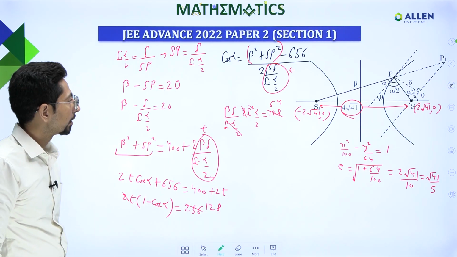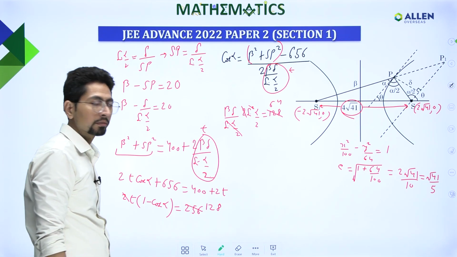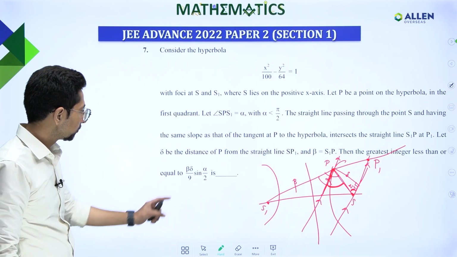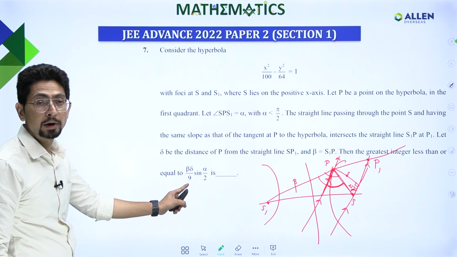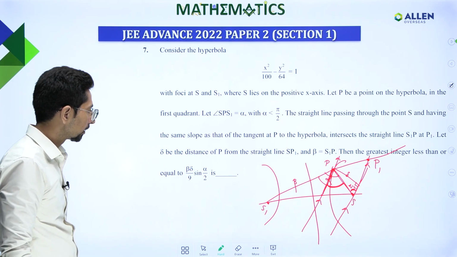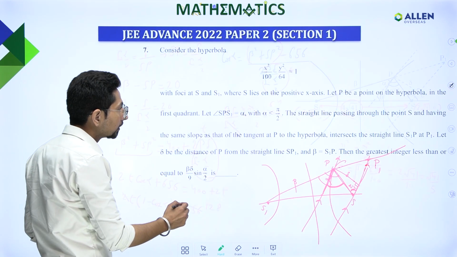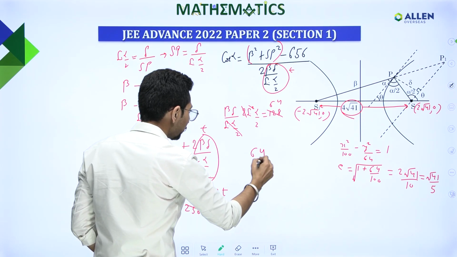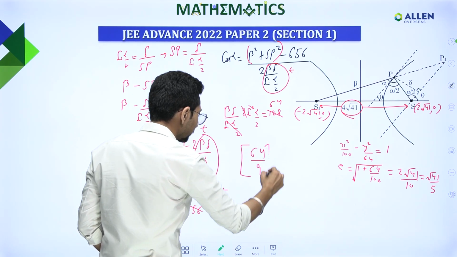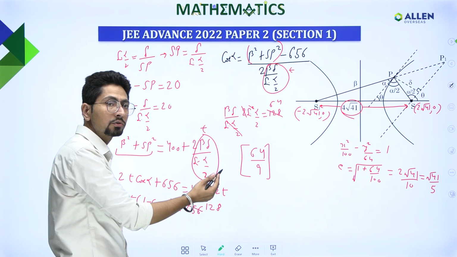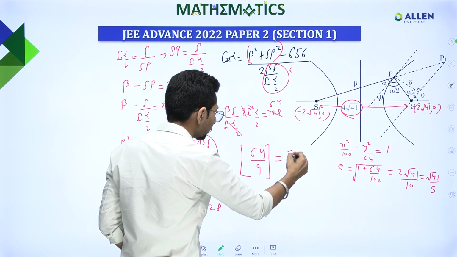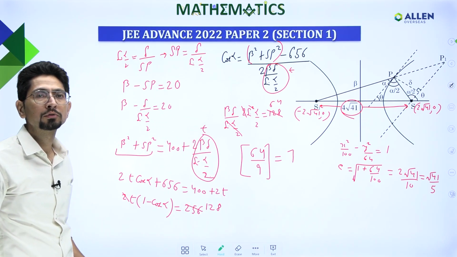Beta delta sine alpha by 2 comes out to be 64 divided by 9. We have to find the greatest integer part of 64 by 9. So 9 times 7 is 63, that is 7 point something. So this will be 7. That is your final answer.